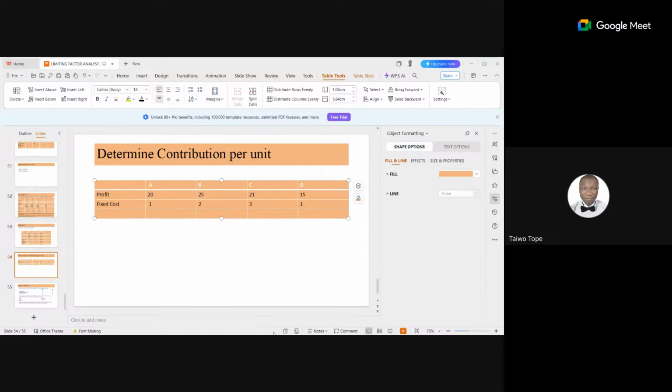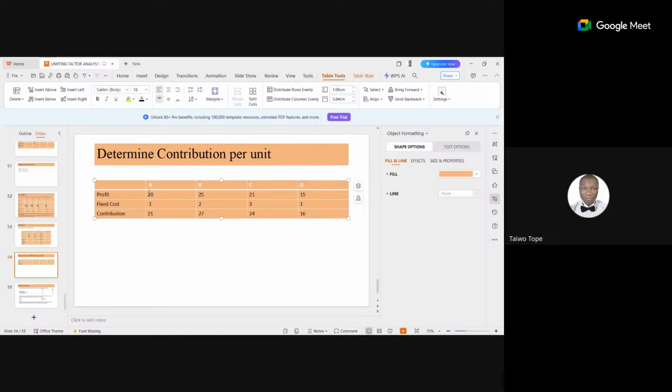So now the contribution will be what? 21, 27, 24, and 16. So this is your contribution.